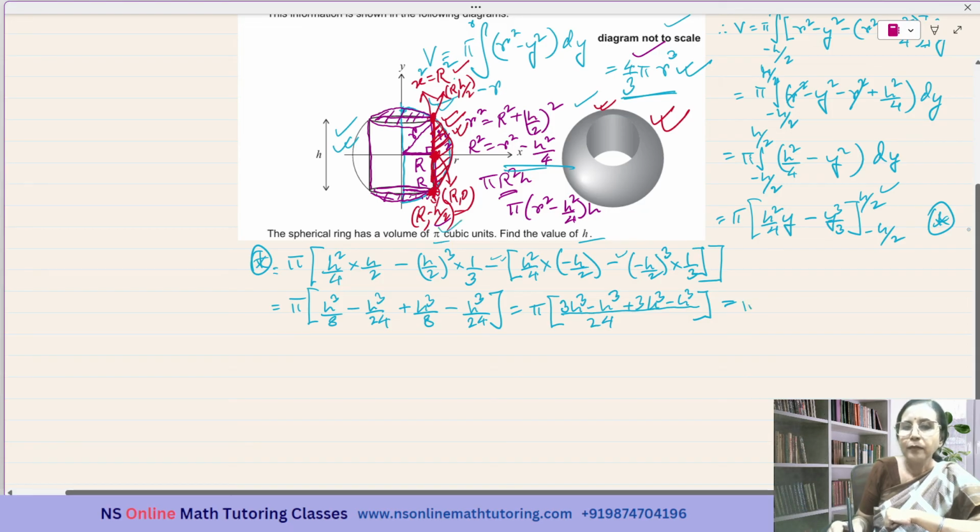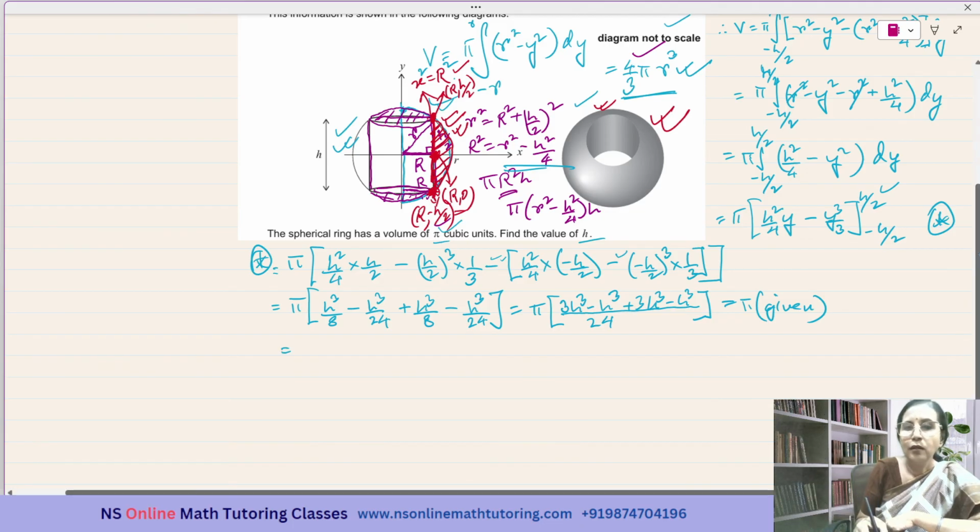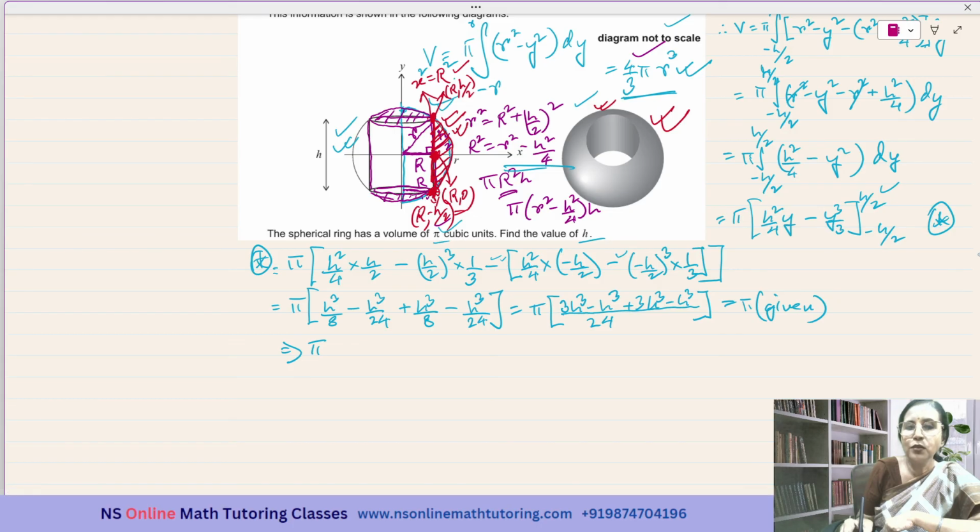Okay, fine. So this is equal to pi, 3h cube minus h cube is 2h cube plus 3h cube is 5h cube minus h cube is 4h cube.